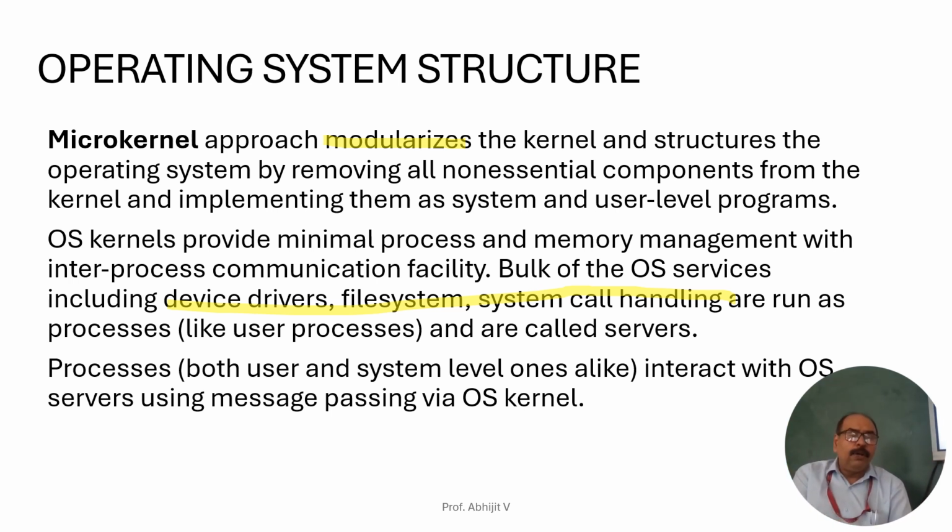What processes are, we'll be studying in the second unit in detail. Processes, both user and system levels, are alike and interact with the operating system servers using message passing via the OS kernel. So through the kernel we have a link towards multiple processes.